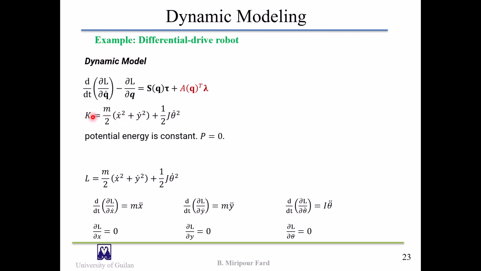Here you can see the translational and the rotational kinetic energy of the system. The potential energy is constant and equal to 0 because it is assumed that the robot moves in the horizontal plane. The Lagrangian is expressed like this, and that is equal to the kinetic energy, and we can obtain the other terms of the Euler-Lagrange equations as you can see.